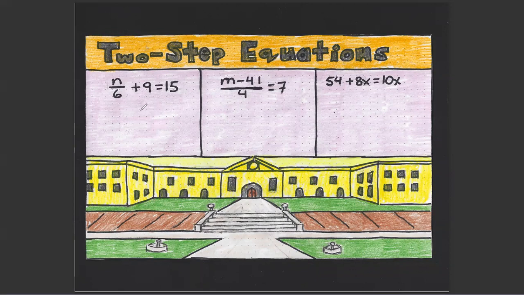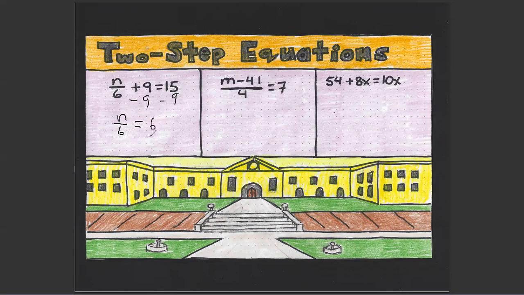With that in mind, we're going to move the 9 by subtracting 9 from both sides. And when we subtract 9 from both sides, now we have n divided by 6 is equal to 6.